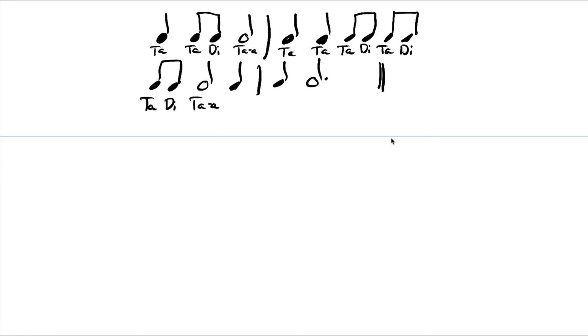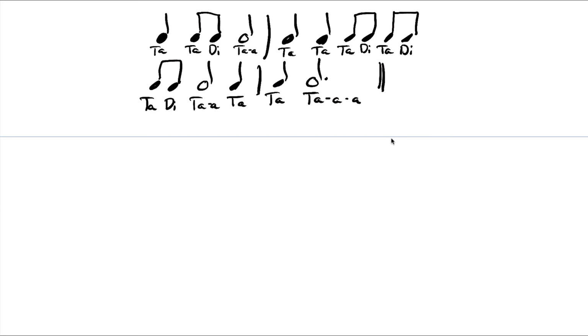The eighth notes are ta-di, ta-ah, ta, ta, ta-di, ta-di, ta-di, ta-ah, ta, ta, and then the 3-beat note, ta-ah-ah, for the dotted half note.